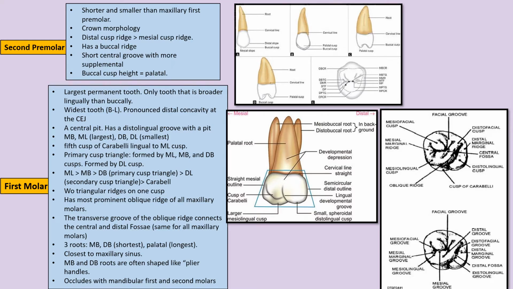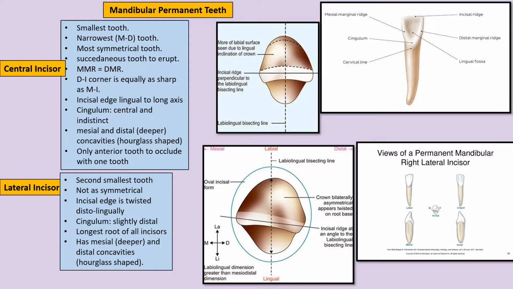For mandibular teeth, they also contact 2 maxillary teeth in the opposing arch, the one tooth that is antagonist to it and the other tooth which is mesial to it. There are 2 exceptions to this rule. Mandibular central incisor only contacts 1 tooth, the maxillary central incisor, and second is the maxillary third molar which only contacts the mandibular third molar. Other than that, all the teeth contact 2 other teeth in the opposing arch.